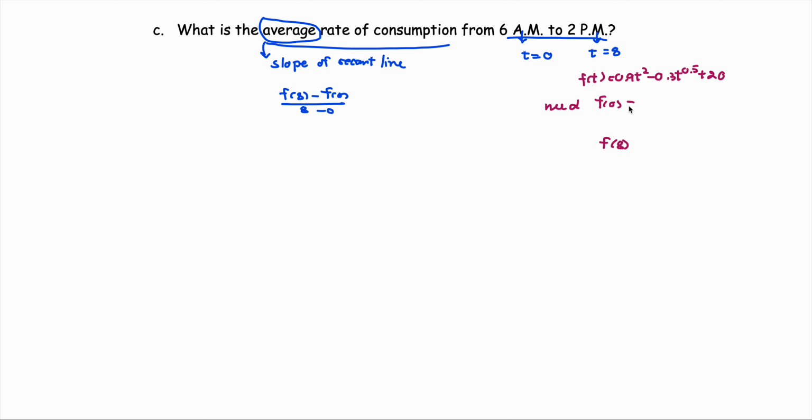That means F(0) is going to be 0.9 times 0 minus 0.3 times 0 plus 20, or simplify to be 20. And then for the function value at 8, it's going to be 0.9 times 8 squared, minus 0.3 times 8 to the 0.5, plus 20.